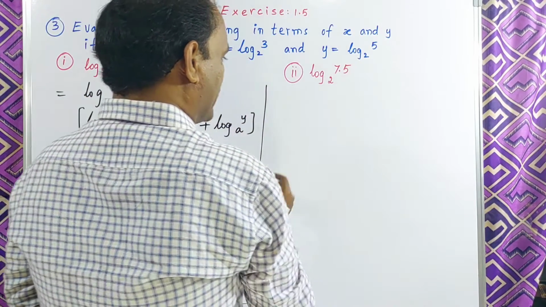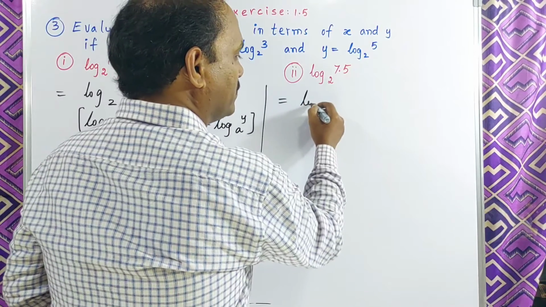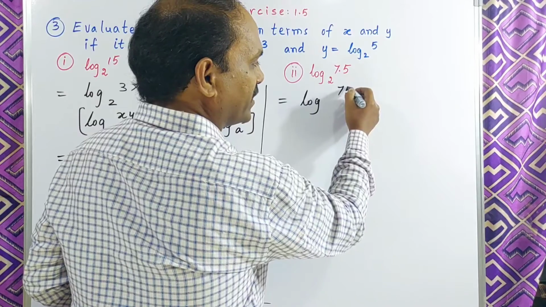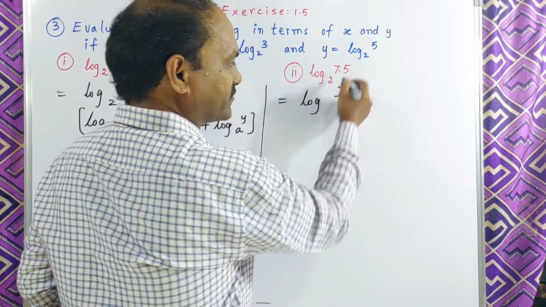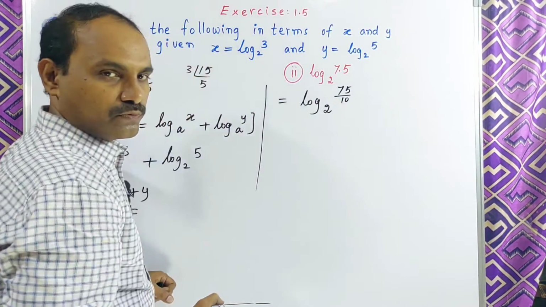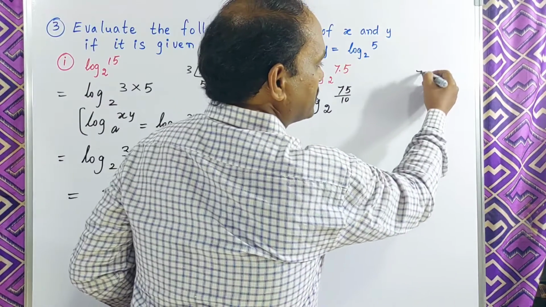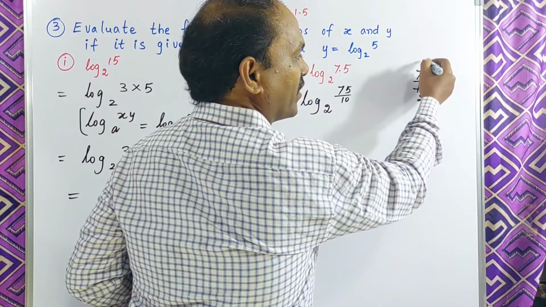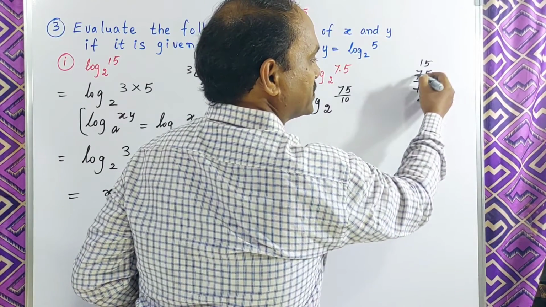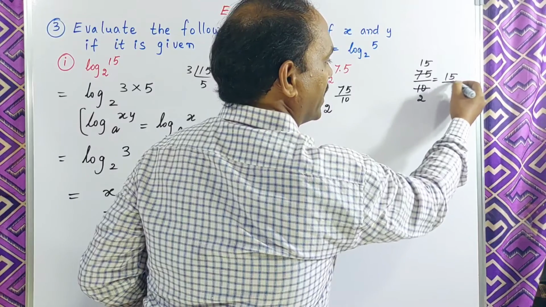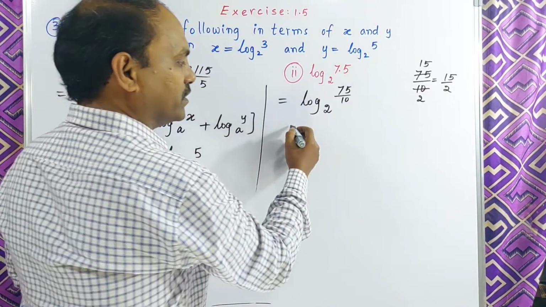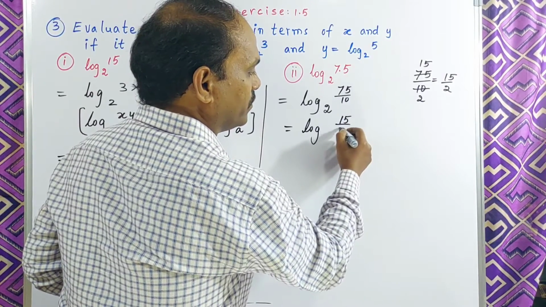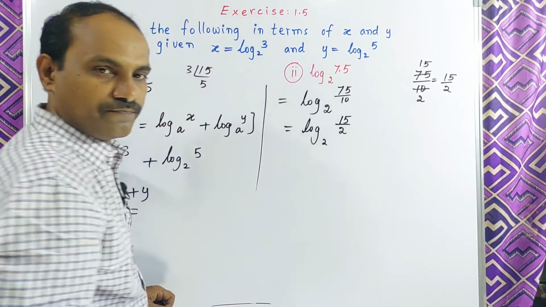Okay, now check the next one. Here 7.5 is given. How can we write this one? Log 7.5, so we should write 75 by 10 to the base 2. By cancellation of 75 by 10, we can write 15 by 2. So this one is log 15 by 2 to the base 2.